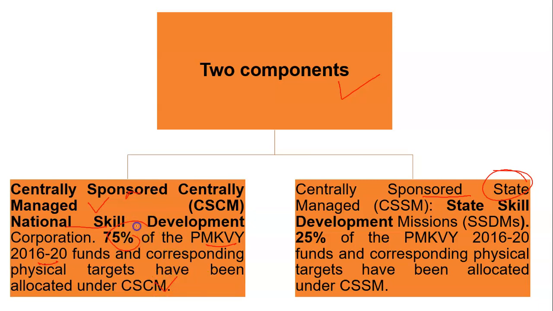It means 75% of the fund is given by the central government, and under the centrally sponsored but state managed component, the state skill development mission will bear 25% of this PMKVY funds, and the corresponding physical target have been allocated under this CSSM.